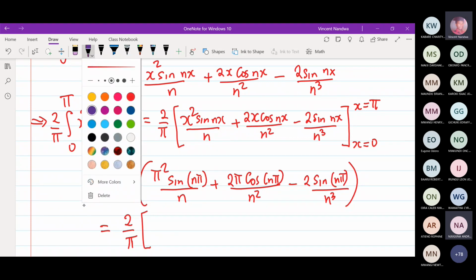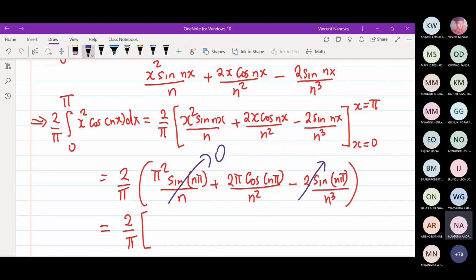And then we'll have 2 pi times the value of cosine of n pi, which is -1 to the power n, divided by n squared.